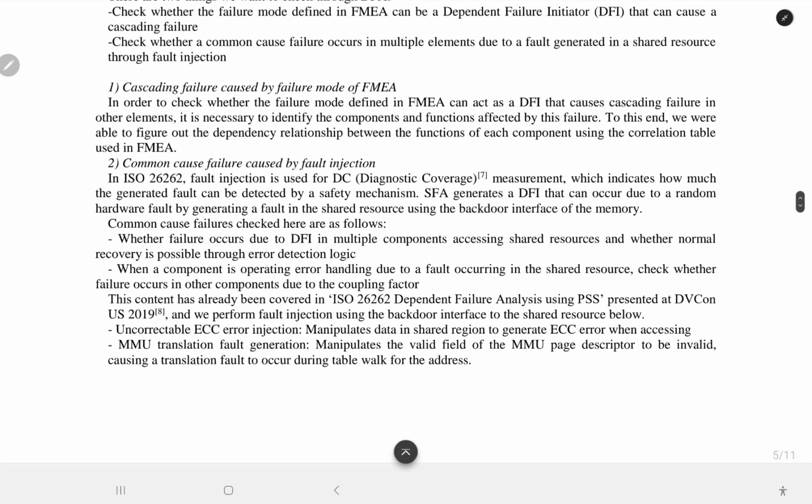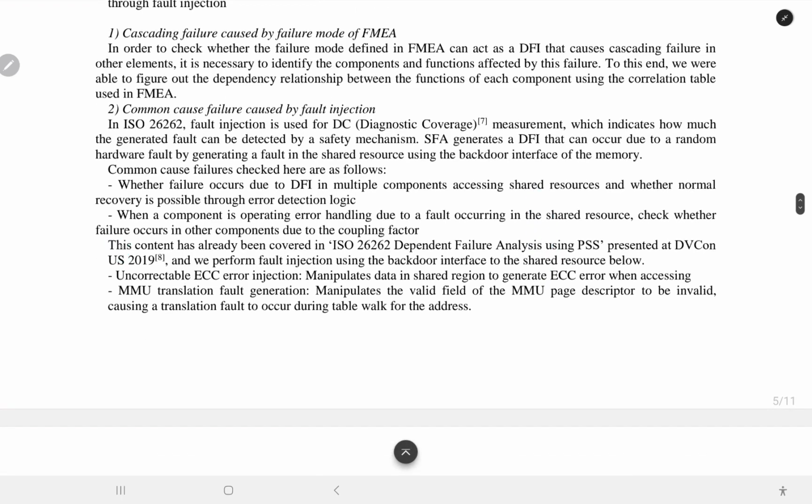When a component is operating error handling due to a fault occurring in the shared resource, check whether failure occurs in other components due to the coupling factors. This content has already been covered in ISO 26262 dependent failure analysis using PSS presented in DVCon US 2019, and we perform a fault injection using the backdoor interface to the shared resource below.